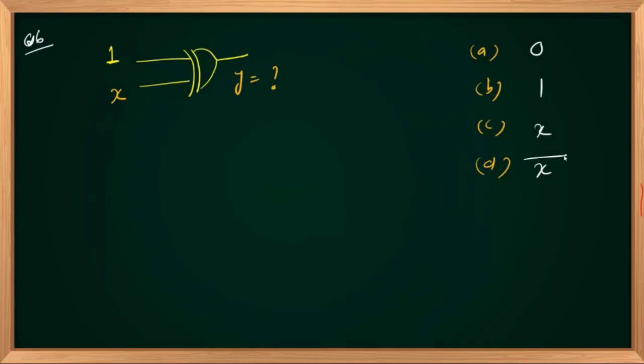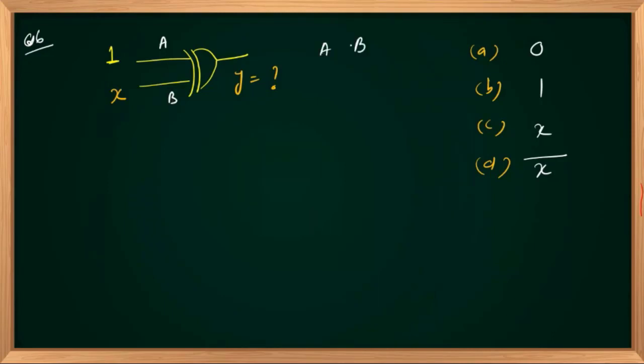The gate is an XOR gate, a 2-input XOR. One input is logic 1, another input is X. X is a binary variable. X can take 2 values, logic 0 or logic 1. So it's very, very simple. It's all about the truth table of the XOR gate, right?